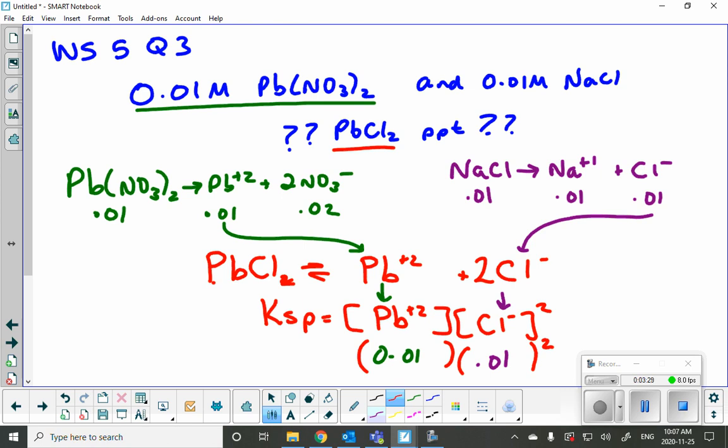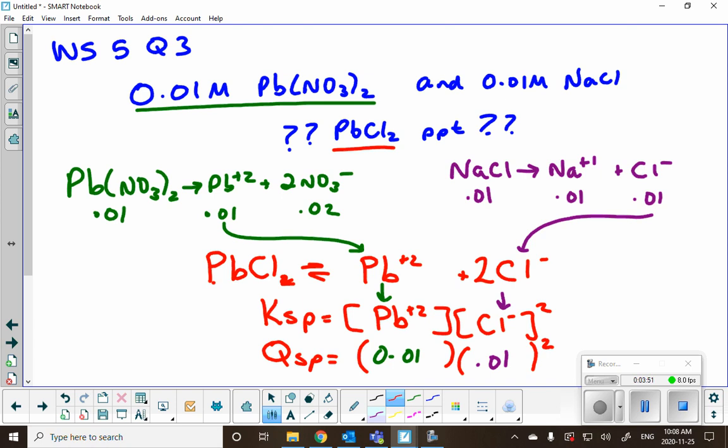Now, I can't properly call this a Ksp because I'm trying these numbers out. I don't know if I'm at equilibrium or not. That's what we're testing. So because I'm trying it out, instead of calling this a Ksp, I'm going to change the name to the Qsp, where Q means quotient. It means that we've multiplied things. So it's a trial Ksp.